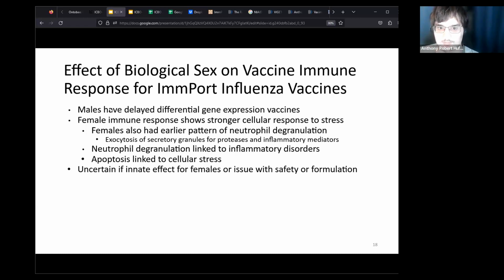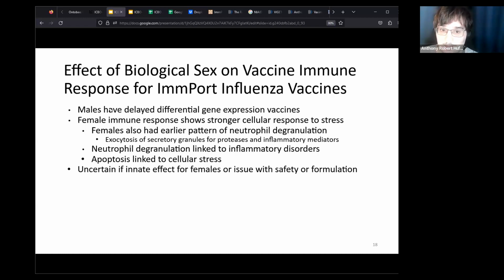So all of this is gesturing to me that, at least for these influenza vaccines, there is some sort of effect or cause that's causing females to react worse when it comes to adverse events, or just their body feeling a bit down within the initial weeks.